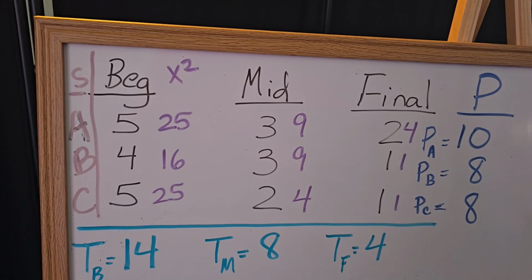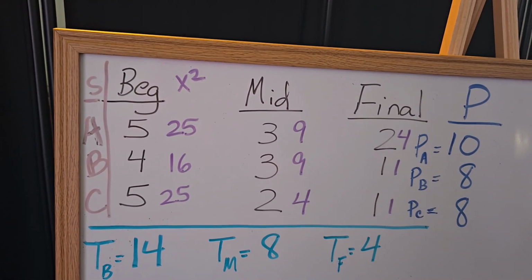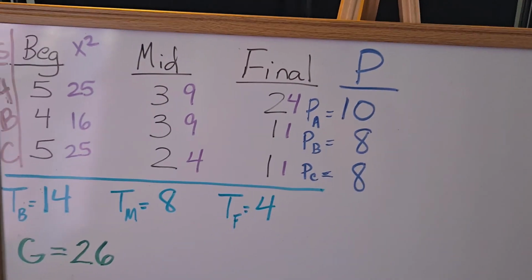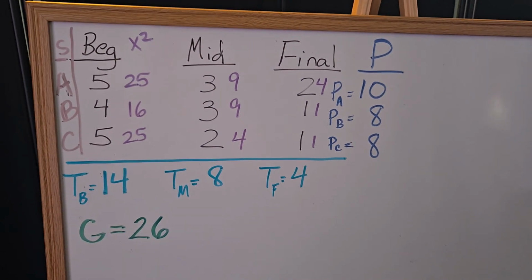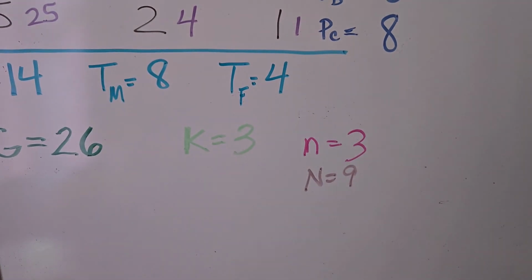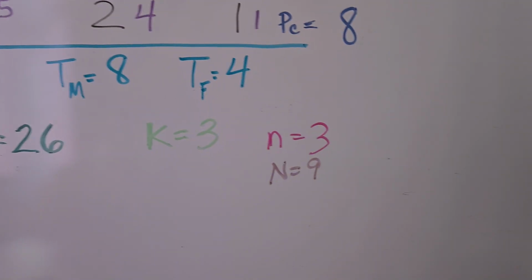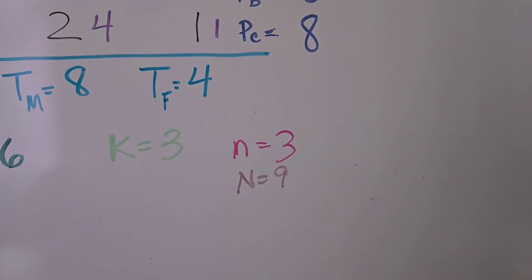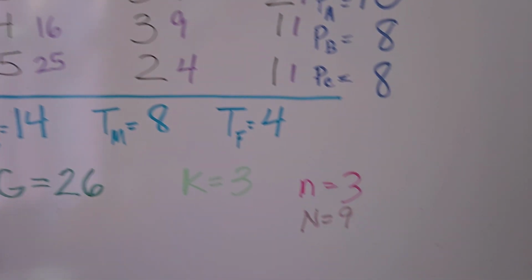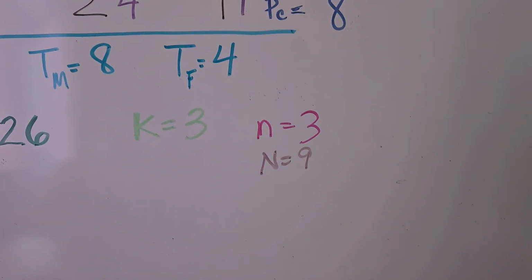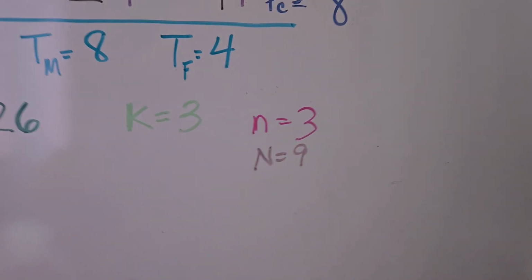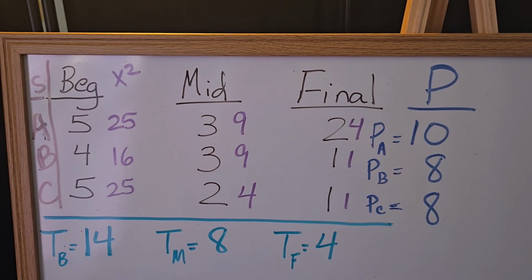So the number of measurement points or time points would be your K. We have 1, 2, 3 measurement points, so K equals 3. Lowercase n is the number of scores within each measurement point. In this case, it's 3. And then uppercase N is the total number of scores. So 3 times 3 is 9.